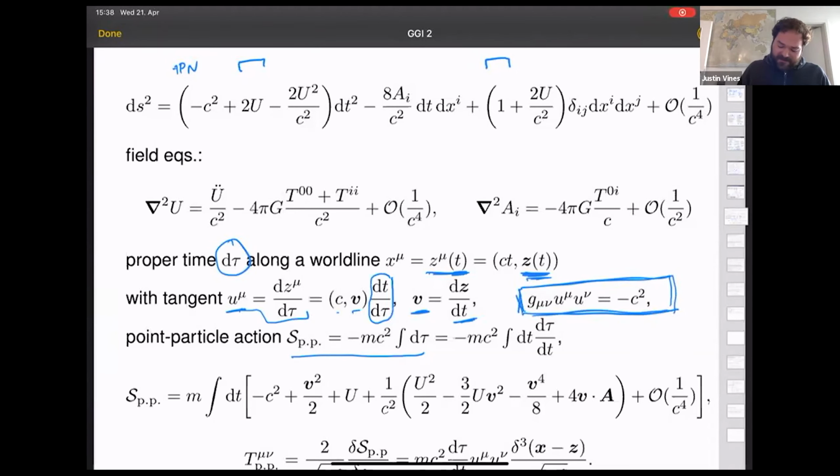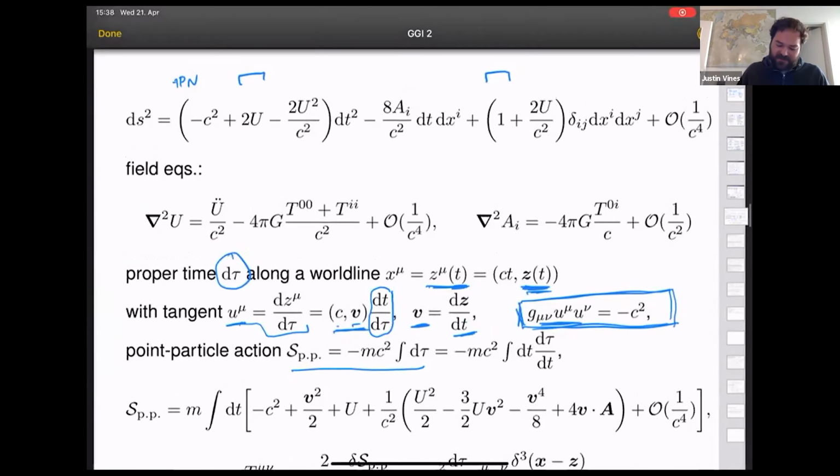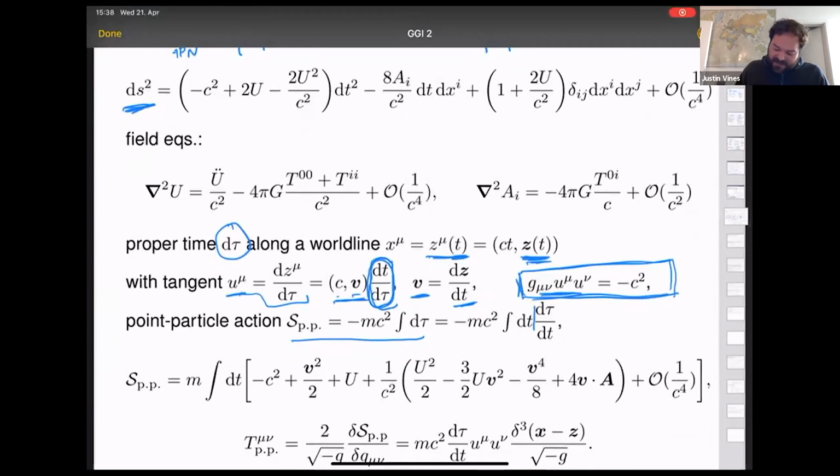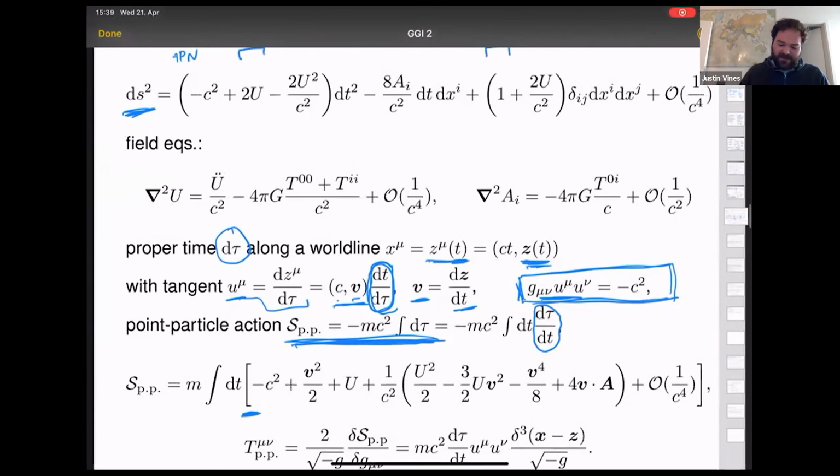Plugging this into here with this expression for the metric allows you to solve for this scalar, the derivative of coordinate time with respect to proper time, whose inverse is this quantity in square brackets down here. So essentially, I'm just writing out what is this proper time or action for a point particle with this metric.